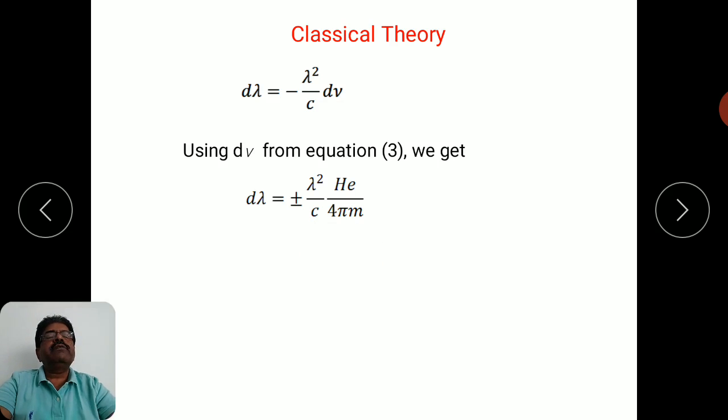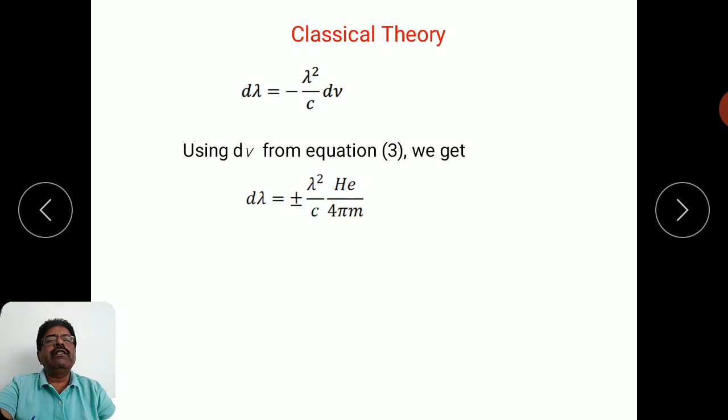So this explanation is very important. Lorentz classical theory helps us to understand why a single line, when you apply a magnetic field, is split into three components. So it depends upon what? e is the charge on the electron, m is the mass. If you assume both of these to be constant, then H, the magnetic field strength, will decide the amount by which the lines split.